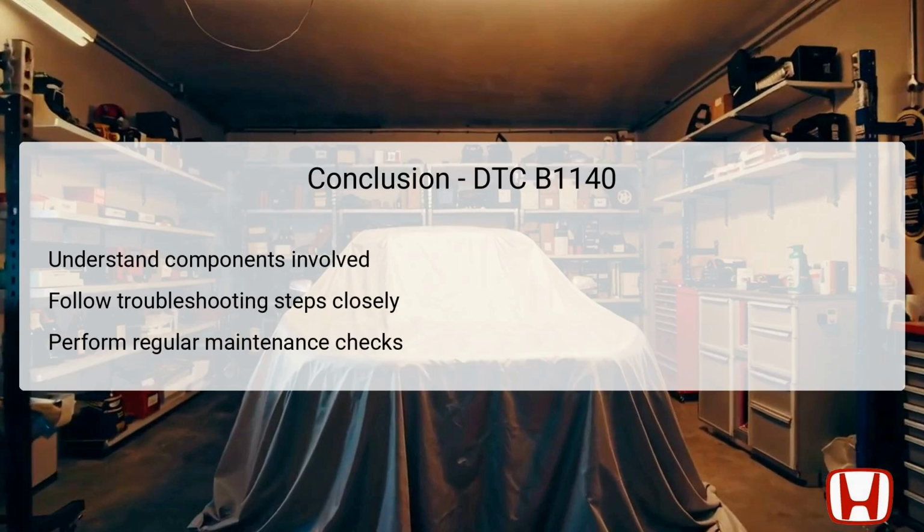To conclude, DTC B1140 highlights a malfunction in the driver's power window position detect circuit, requiring a thorough understanding of the components involved and their functions. Following the troubleshooting steps closely is crucial. Whether it's manually operating the system or checking for DTCs with the HDS, each phase builds upon the last for effective diagnosis.